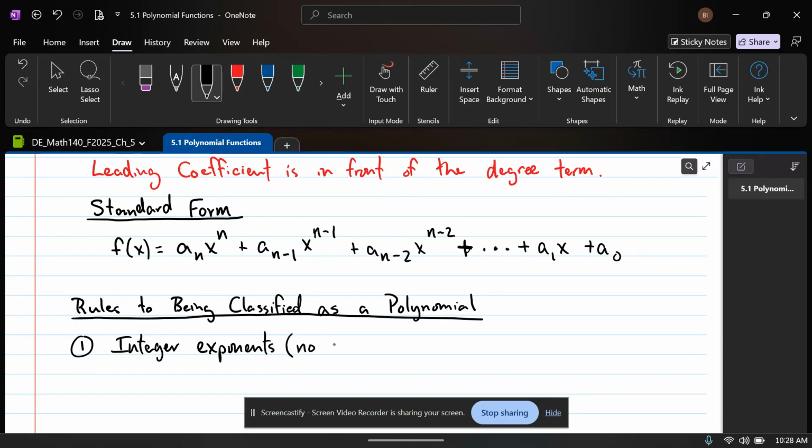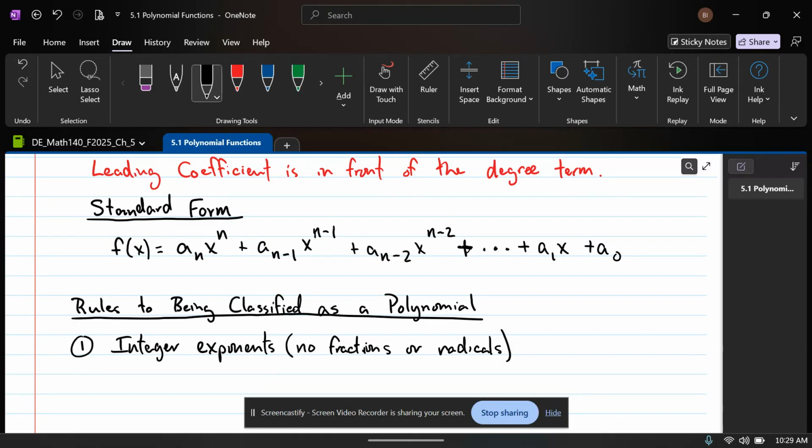That means no fractions on the exponents or radicals. If you remember from Algebra 2, fraction exponents and radicals are the same thing. So I'm going to be a little bit redundant there. No fraction exponents, no radicals in a polynomial. A polynomial has integer exponents only.